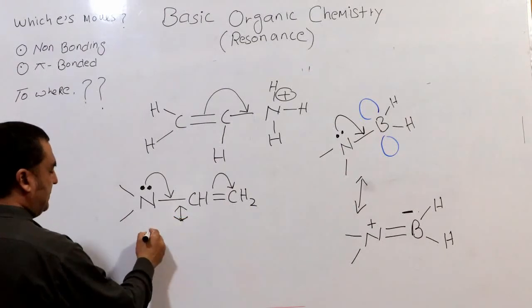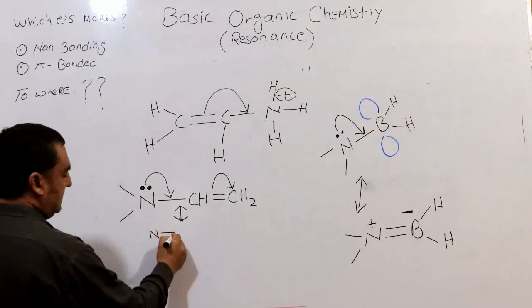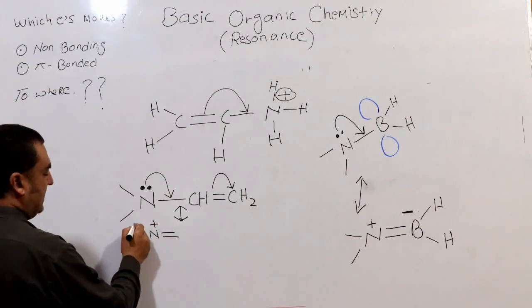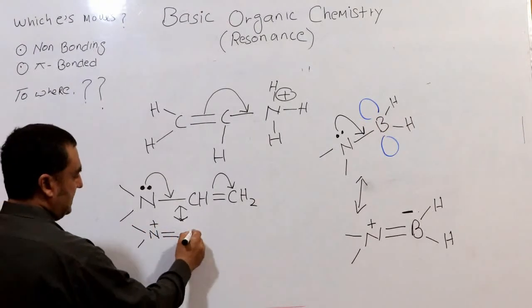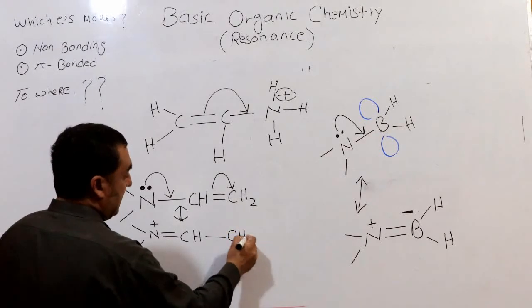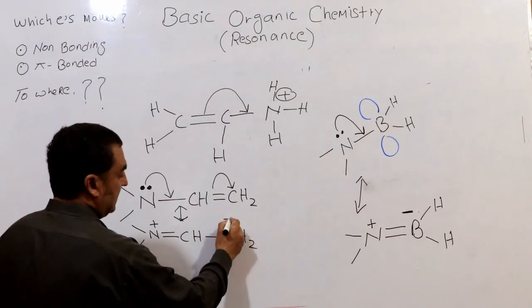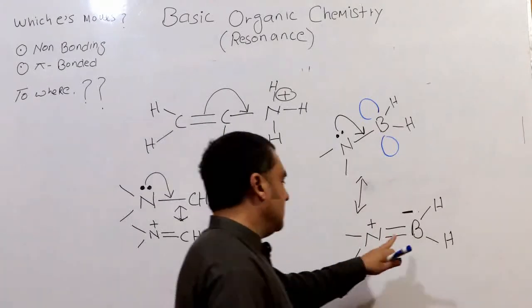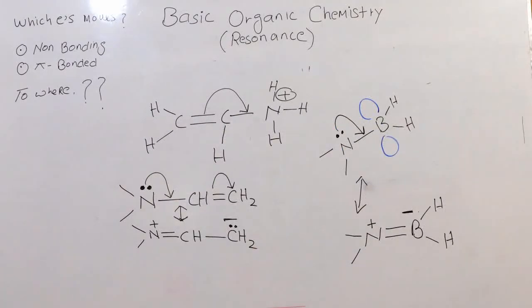This is the resonance arrow. Nitrogen as usual will acquire a positive charge, write the CH in its place, and here the carbon acquires a negative charge, but this negative charge and this negative charge are different.